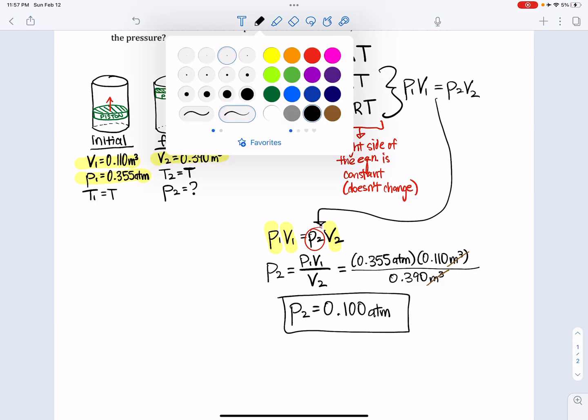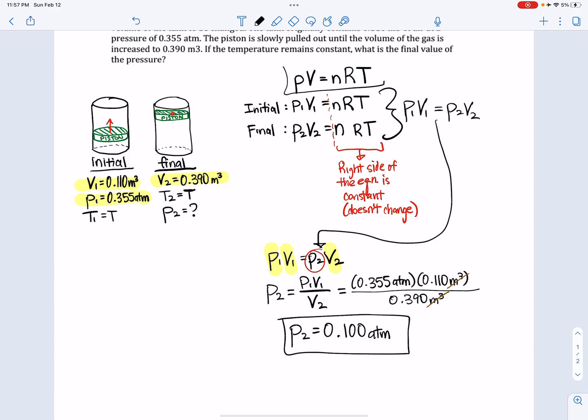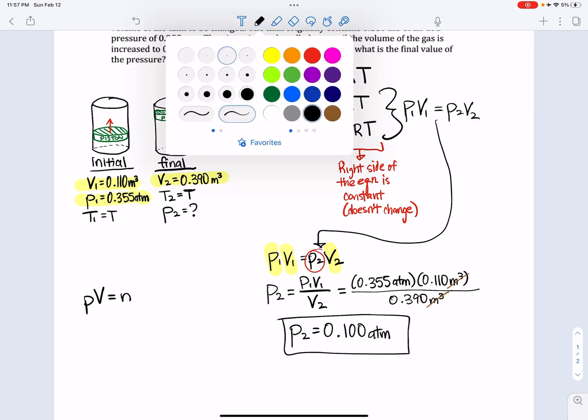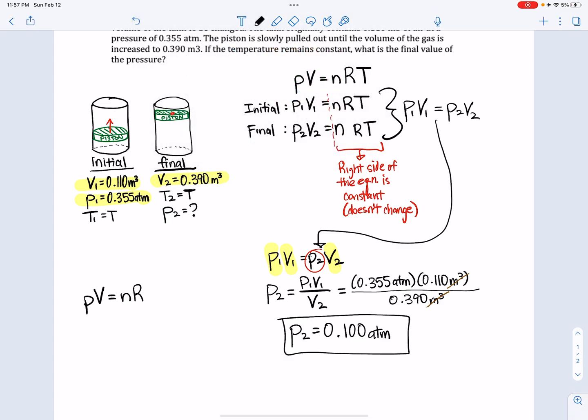And that kind of makes sense because in this equation, PV equals nRT, we've established that this side of the equation is constant, doesn't change between initial and final. So when we see that volume was 0.110 cubic meters and it increased to 0.39 cubic meters, if volume increases and this stays the same, that means pressure has to decrease, right?